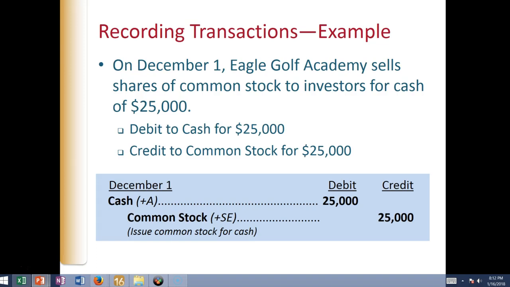They've given us cash, but again, we're not a single entry system. Everything we do has two sides to it. So our cash increases and our stockholders' equity also goes up. Does that make sense?